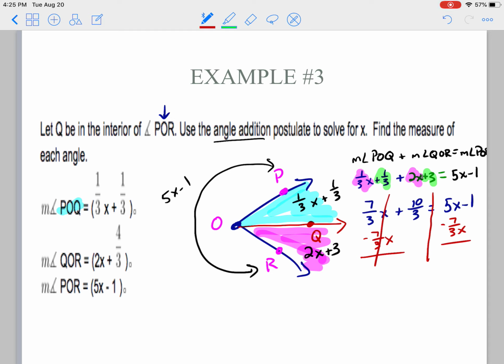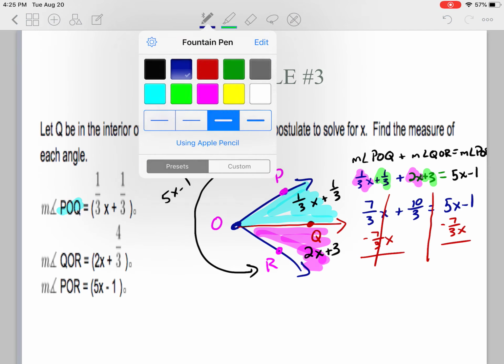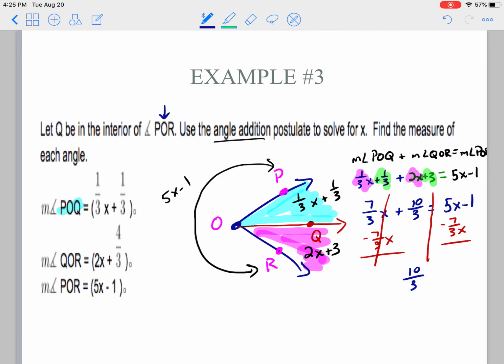And we end up with these canceling, and I get 10/3 equals 8/3 x minus 1. I'm going to add 1 to both sides.